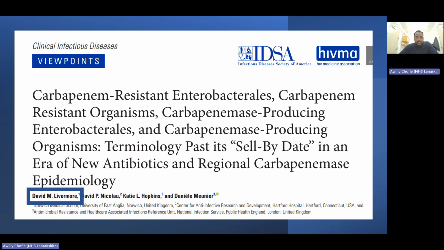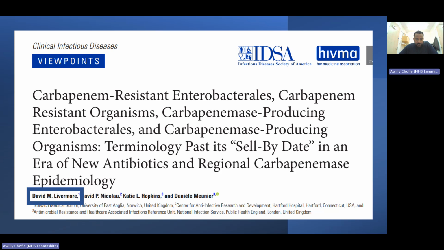For carbapenem-resistant Enterobacterales, this is a very good paper by Livermore. Livermore has summarized it almost in one page: the mechanisms of resistance. I usually follow him.